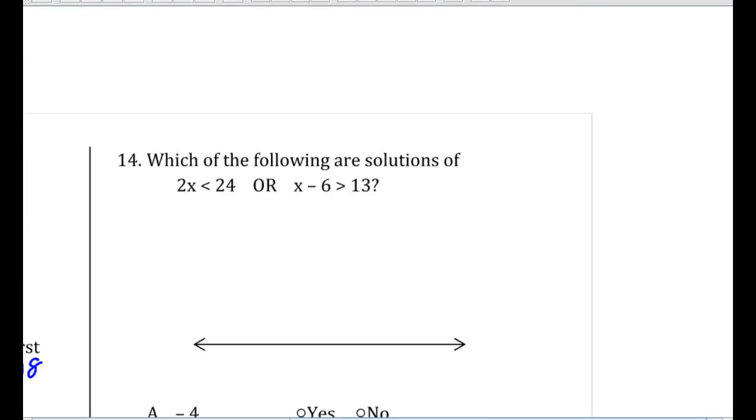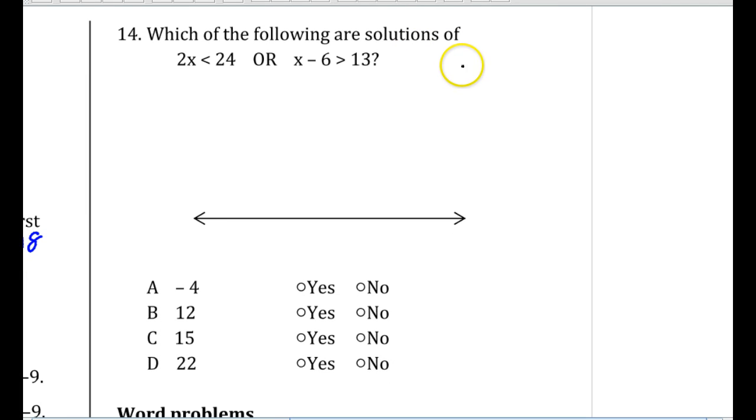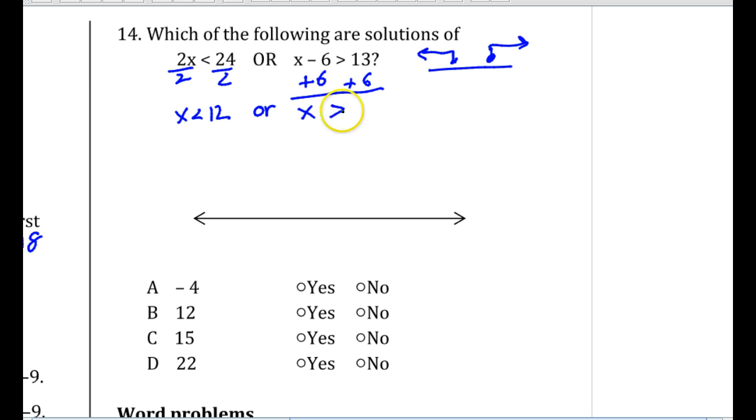Let's go to 14. And or. So in all likelihood, this graph will be going in different opposite directions, like the opposite of and. If we solve each one of these, we'll have x is less than 12, or, if we add 6 to both sides, x is greater than 19.